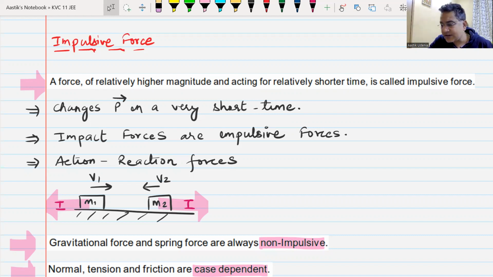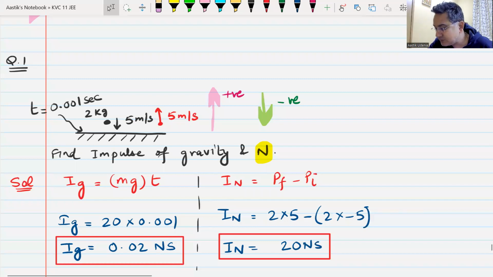Gravitation and spring force are not impulsive forces, because during an impact the impulse given by the gravitational force or spring force is very small compared to the impulse given by the impulsive forces. Normal reaction and tension are impulsive, depending on which case it is. We will see that case in today's class.